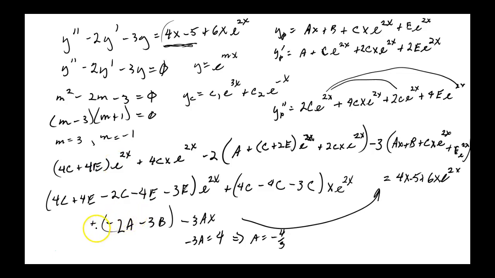So if a is minus 4/3, minus 2 times minus 4/3 would be positive 8/3. So we have 8/3 minus 3b is equal to, that's all you have over here, a minus 5. Okay?